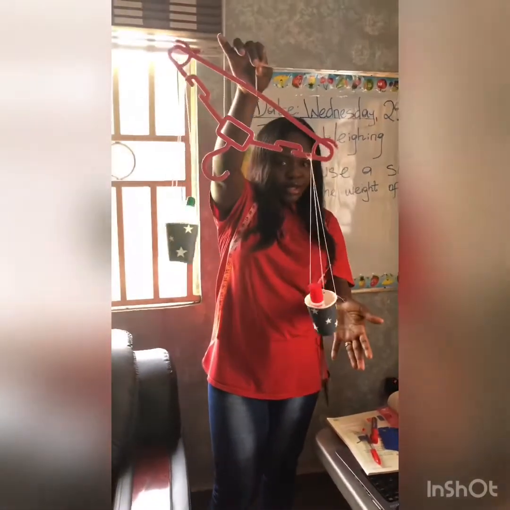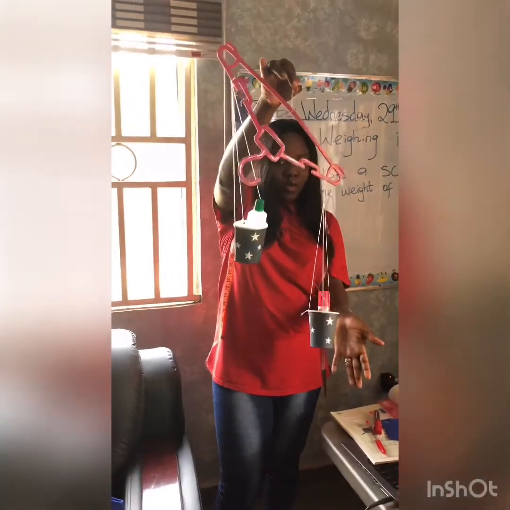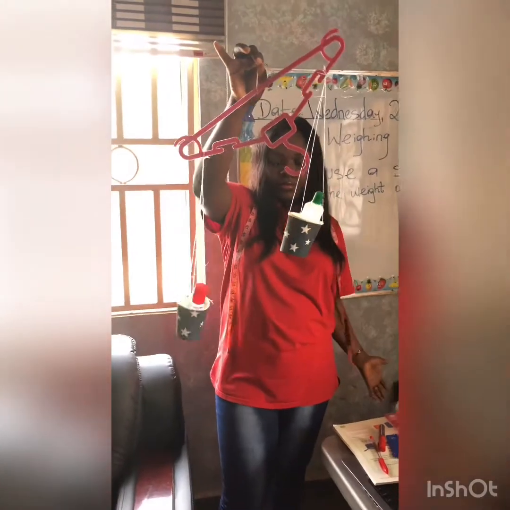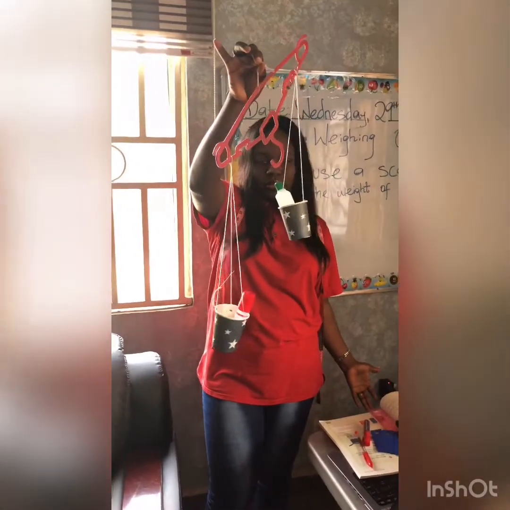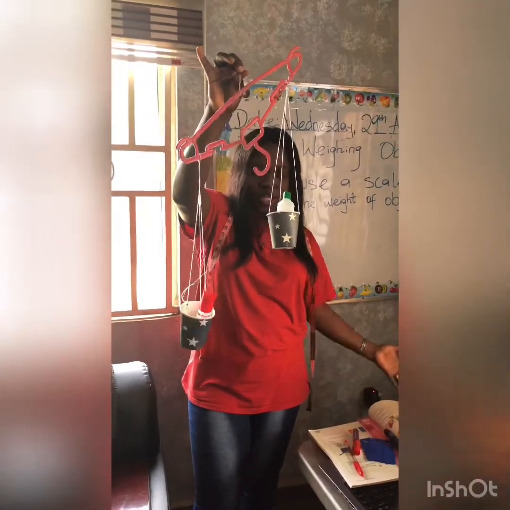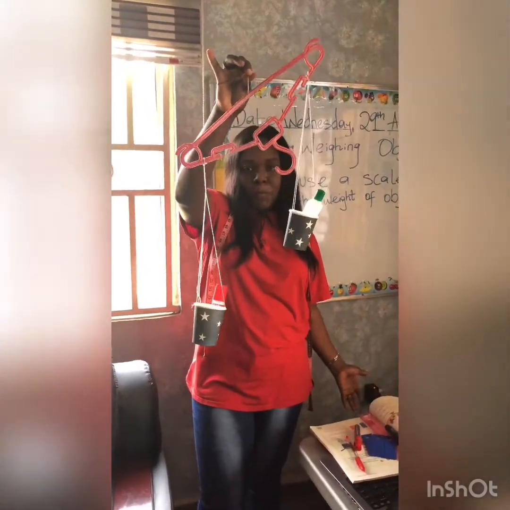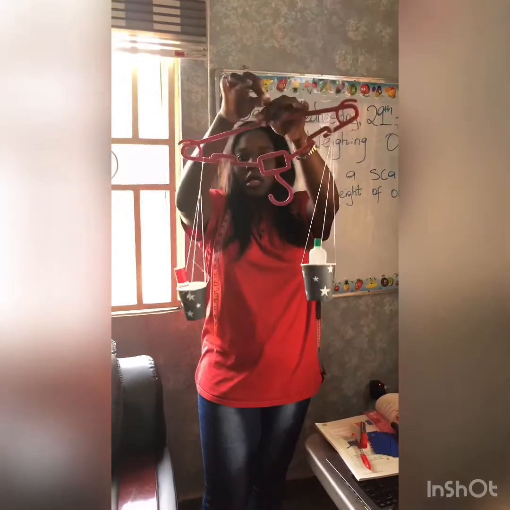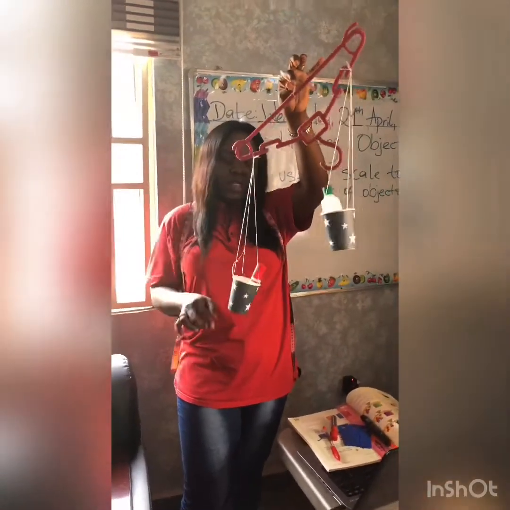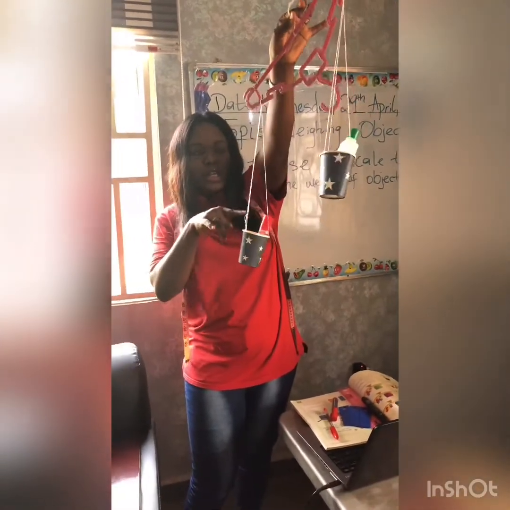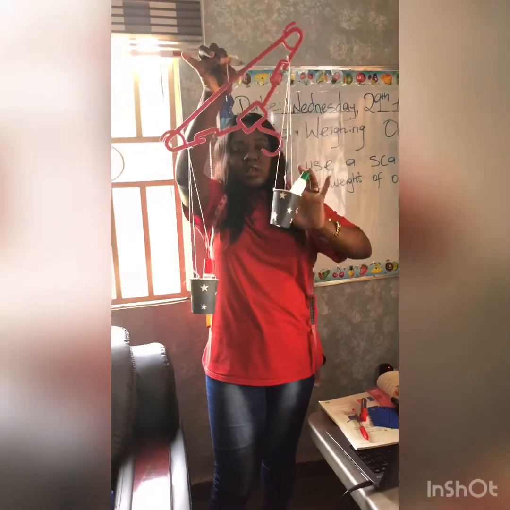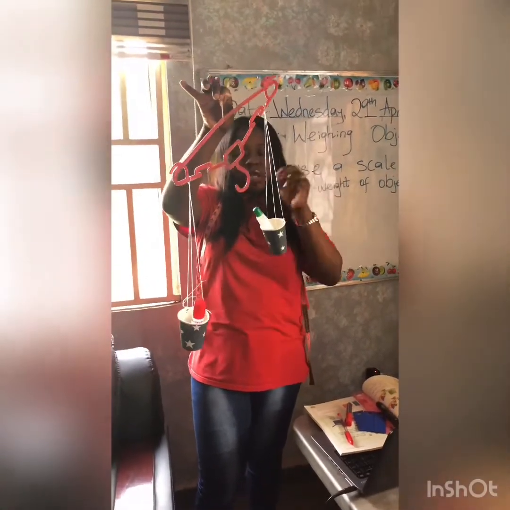Did you say the glue? Why the glue? Why do you feel that the glue weighs more than the container? Think about it. Don't rush, just think about it. Okay, the glue weighs more than the container because the side with the glue went down, while the side with the white container went up. Okay, good job.